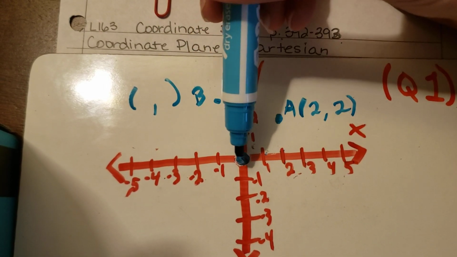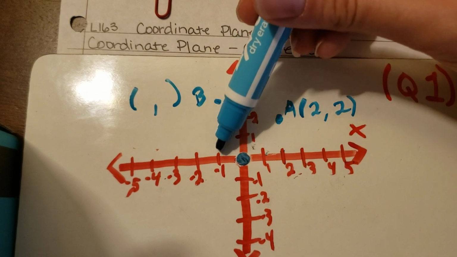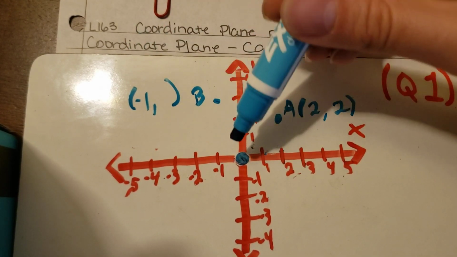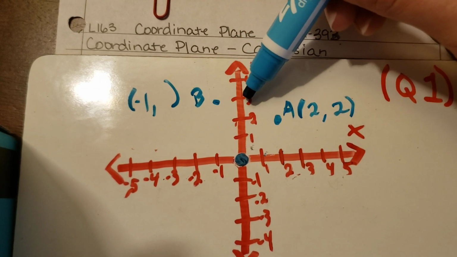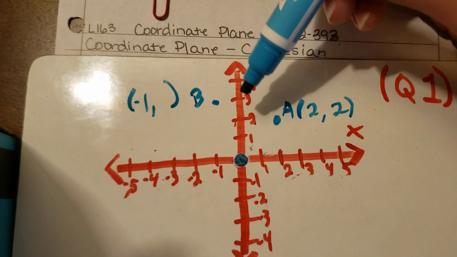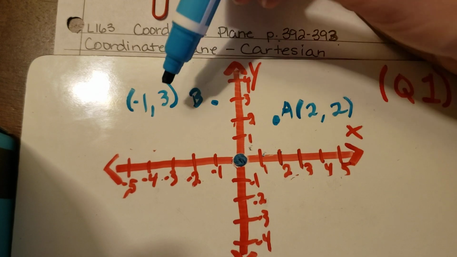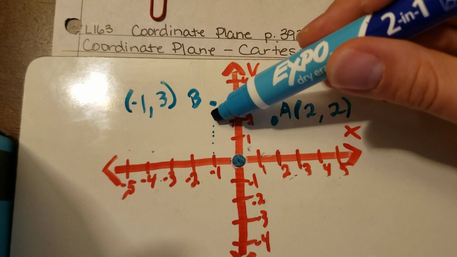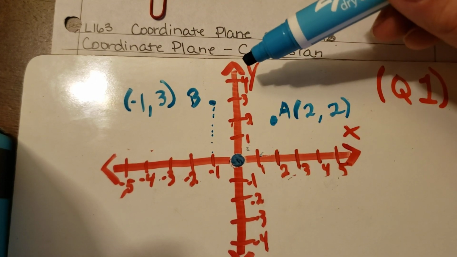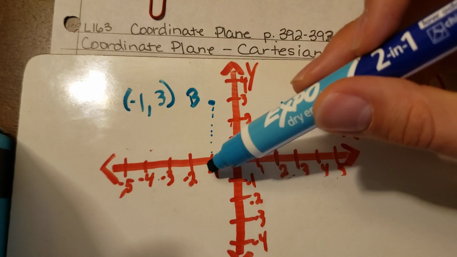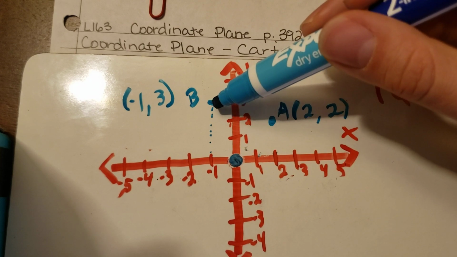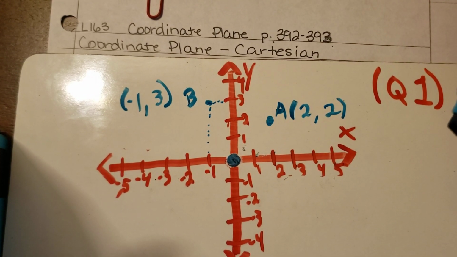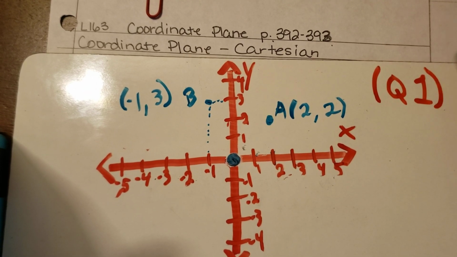My x value looks like the point is at -1, and its y value is at +3. Now, notice what I'm doing is I'm lining up where it comes on the grid, and then the y value, I'm coming over this way. So I'm measuring my points.